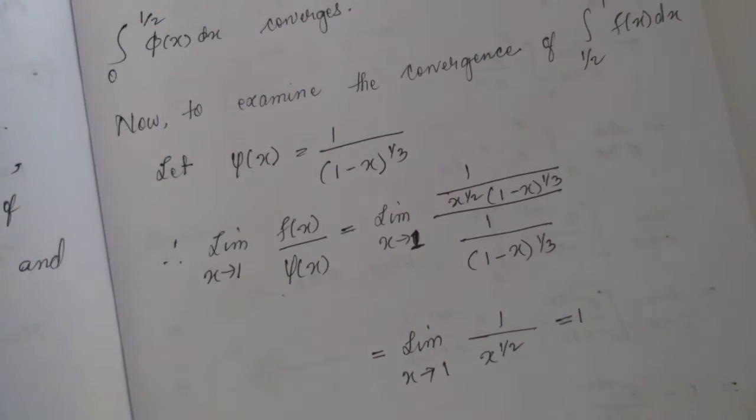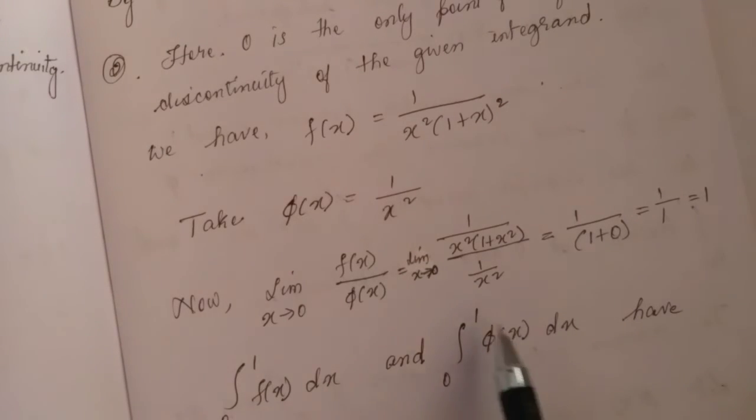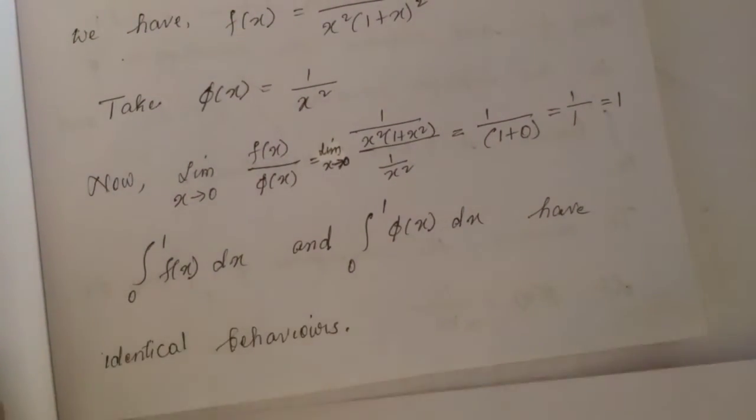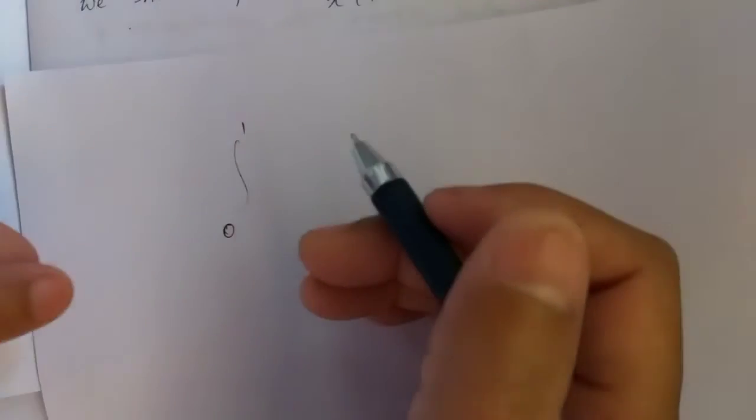But what you know is, for this integral 0 to 1 phi of x, it is 1 by x squared and then dx.